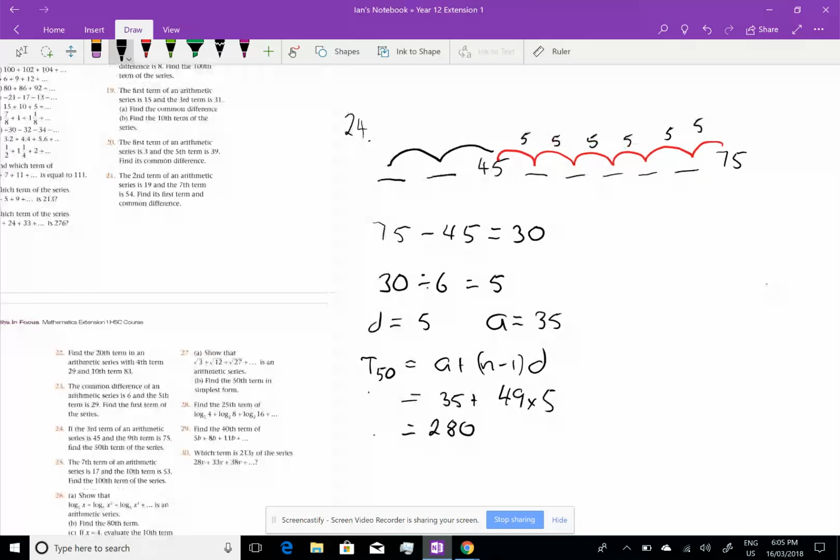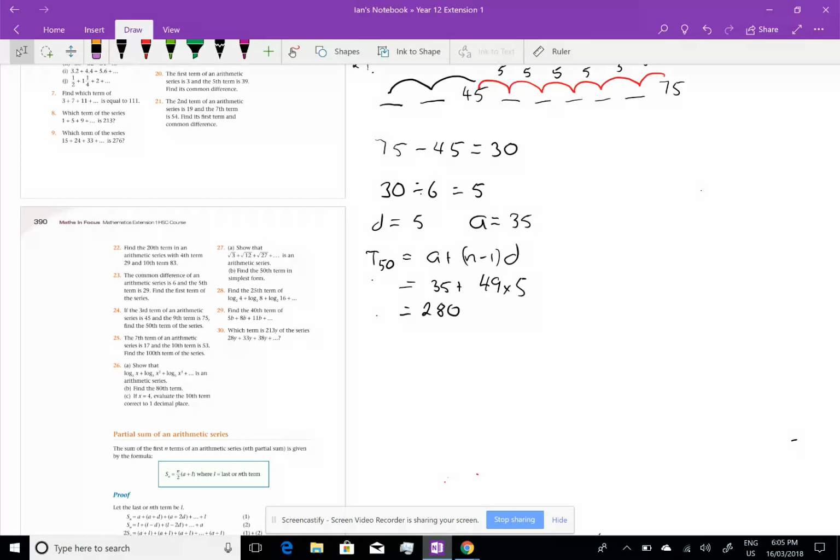However, I really believe that you should be using the algebra and being able to manipulate the algebra. So I'm going to do 24 using the algebra. T of 3 equals 45, and T of 9 equals 75.